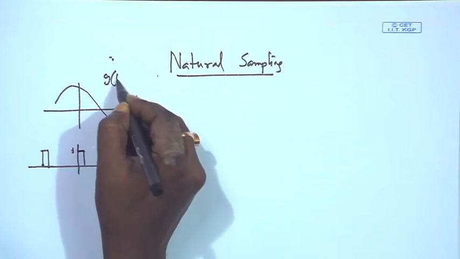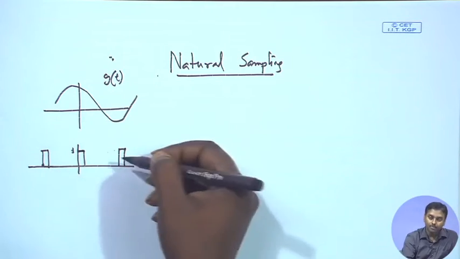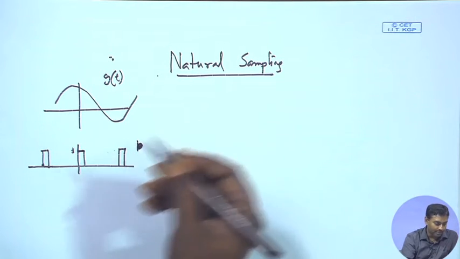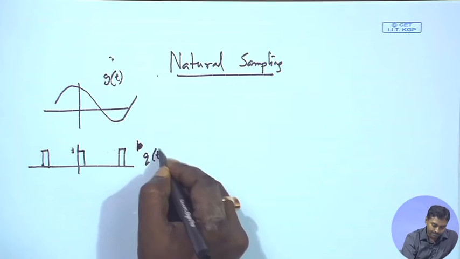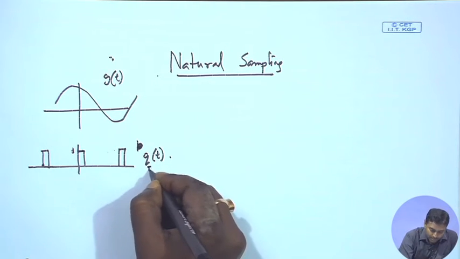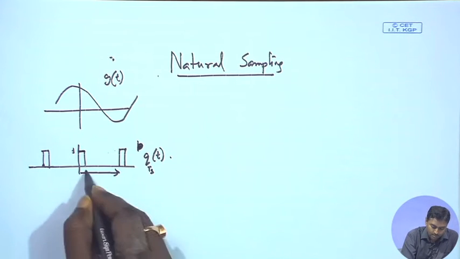Okay. So, just that pulse was getting multiplied by that sample amplitude. Here what I will do, this g t I will actually multiply with this pulse train. So, let us say that is q t, or let us say q t s t, because this is the T s.